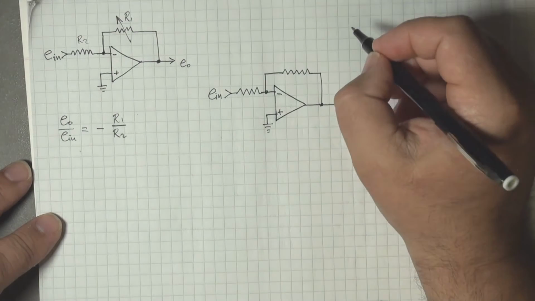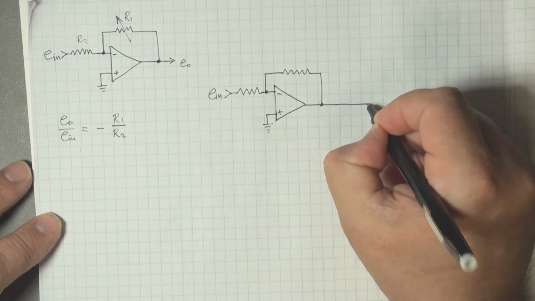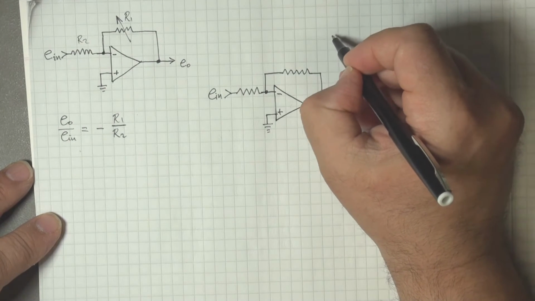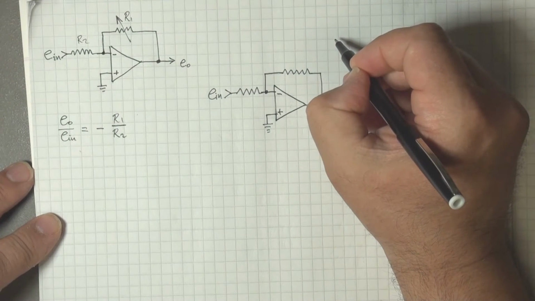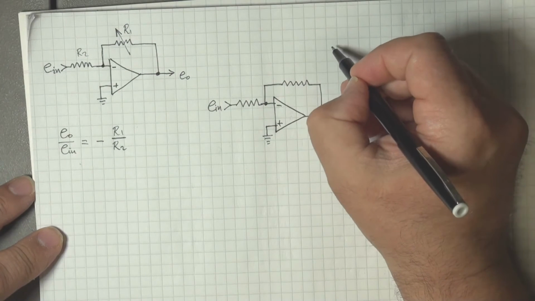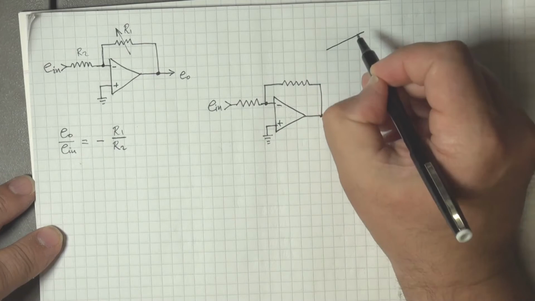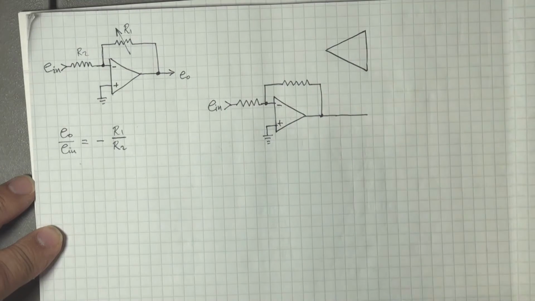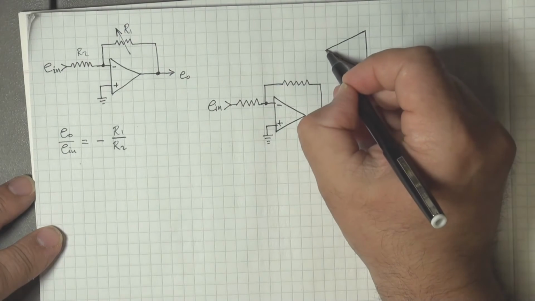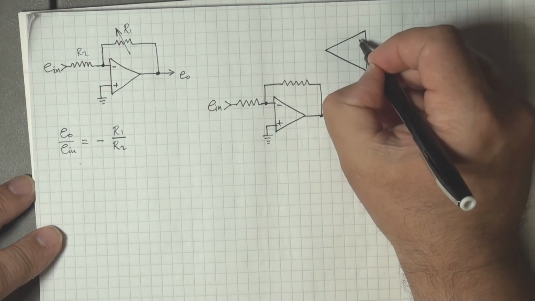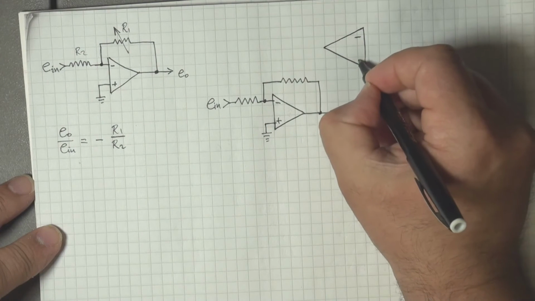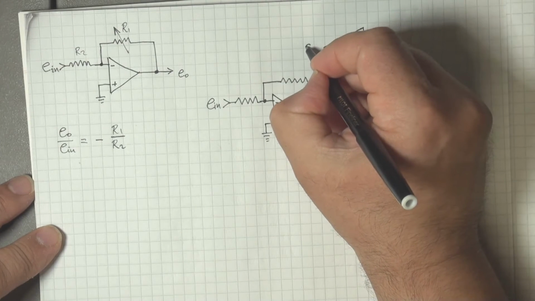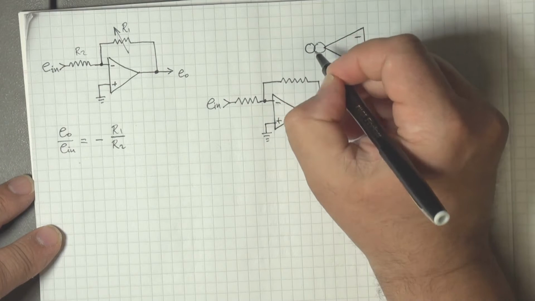And now, in addition, without getting into the other kinds of details, we're going to use something called an operational transconductance amplifier, which has a similar symbol to the op amp. It's still a triangle. It has an inverting input, a non-inverting input, but also has an additional symbol with a control pin.